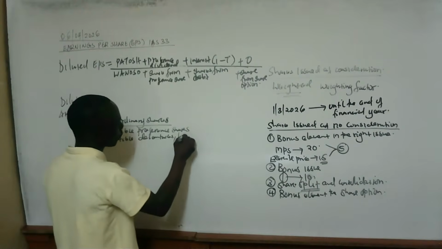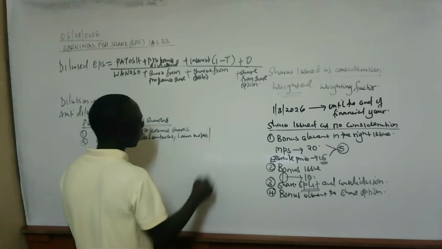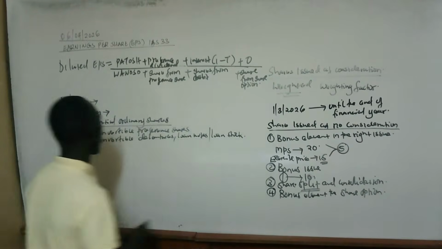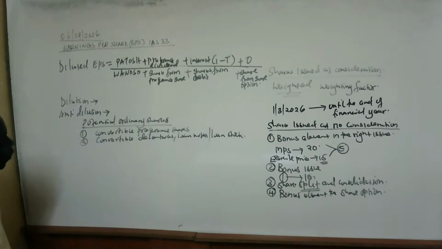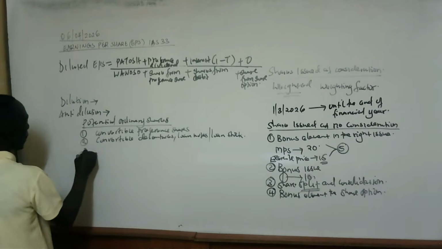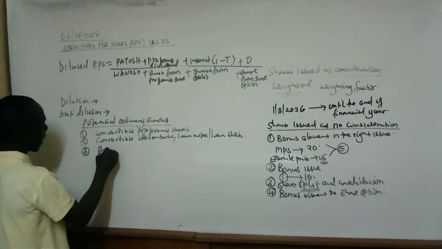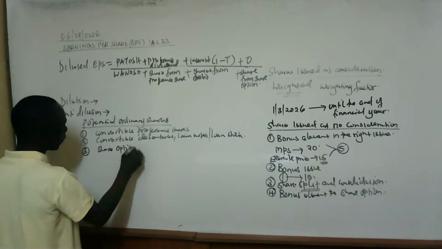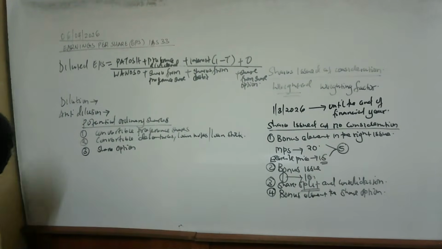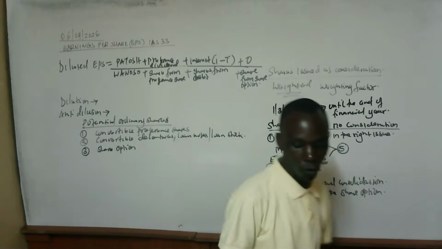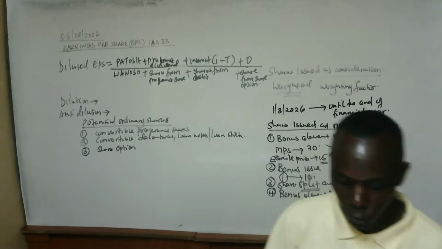Sometimes we can talk about loan notes, and also loan stock. The convertible debentures, loan notes, and loan stock. Then also we can talk about the share option. Those are some of the potential ordinary shares that you need to know.